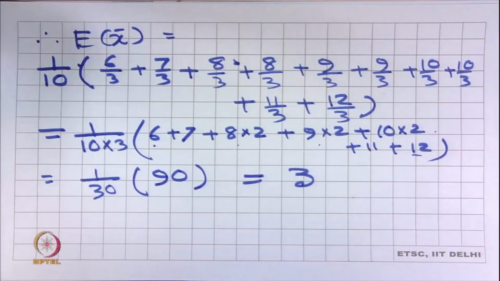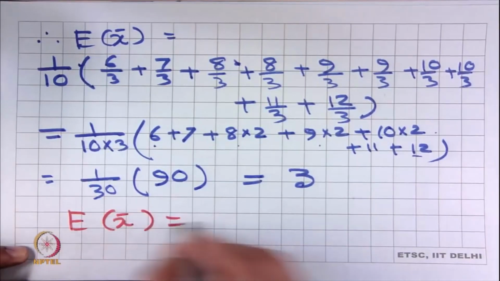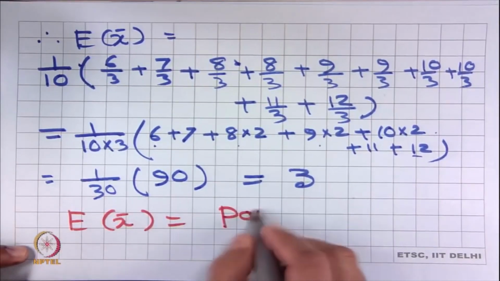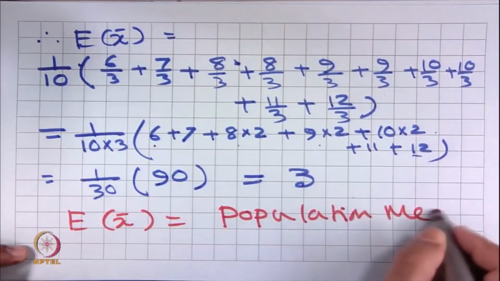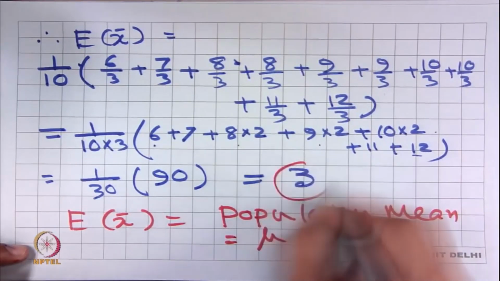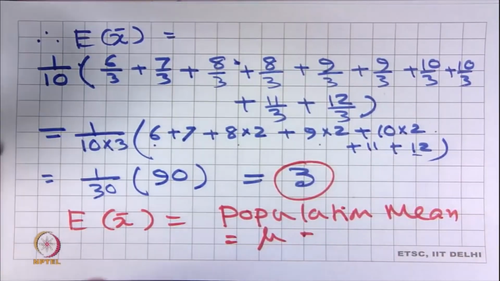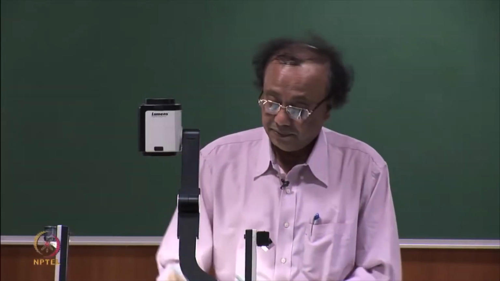Therefore, the expected value of x bar is equal to the population mean, which we have already established is going to be mu, and in this case the value is 3. Now, let us calculate the variance of x bar.